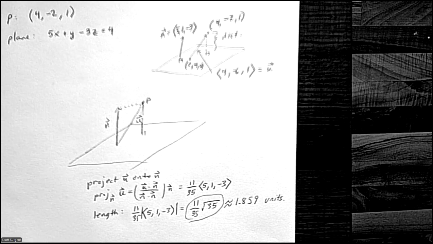And again, if I do this generically, the rad 35 and the 35 would be the normal. The rad 35 is mag n, and the 35 is mag n squared. I think what you're looking at is just simply a generalization of the projection formula.